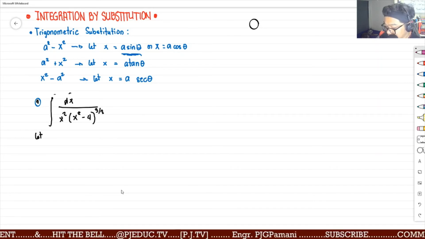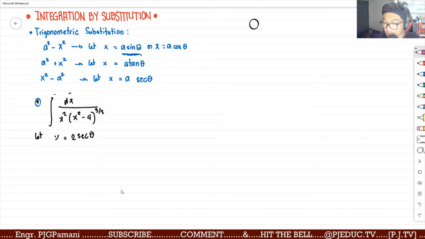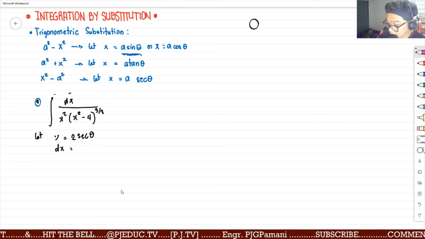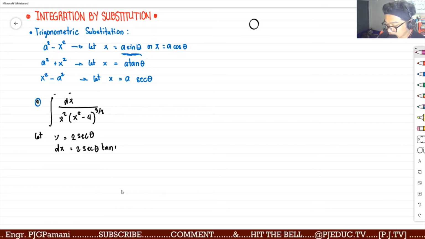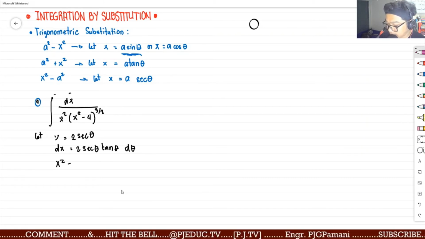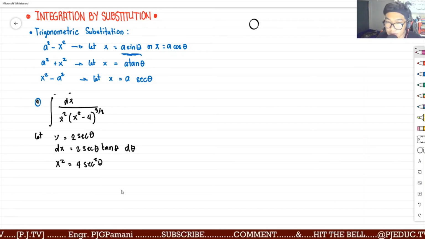So that is let x equal to 2 secant theta. Differential, that is now dx equal what? The differential of secant. 2 secant theta and tangent theta d theta. Where x squared is simply equal to 4 secant squared. Right? Right.